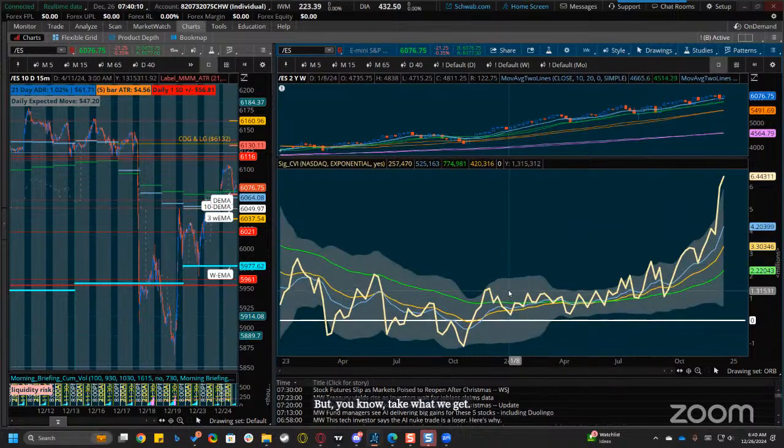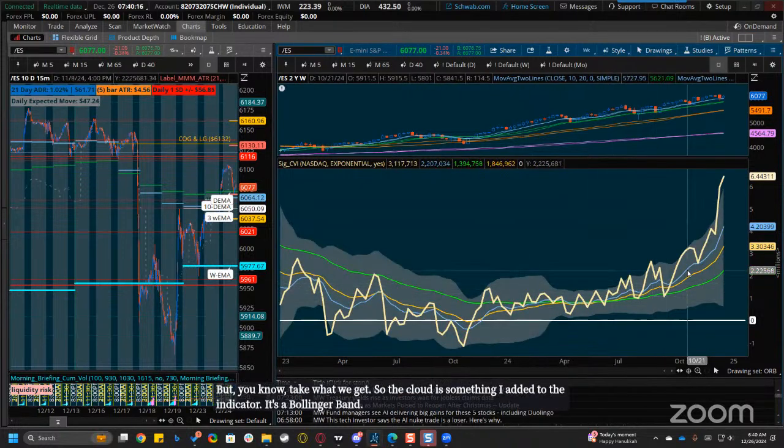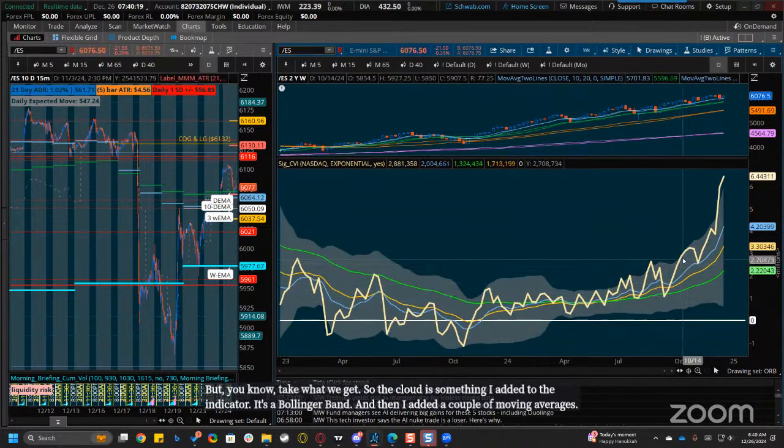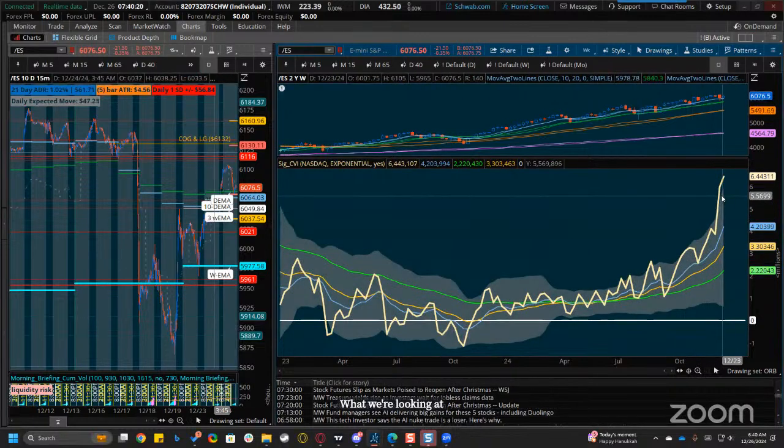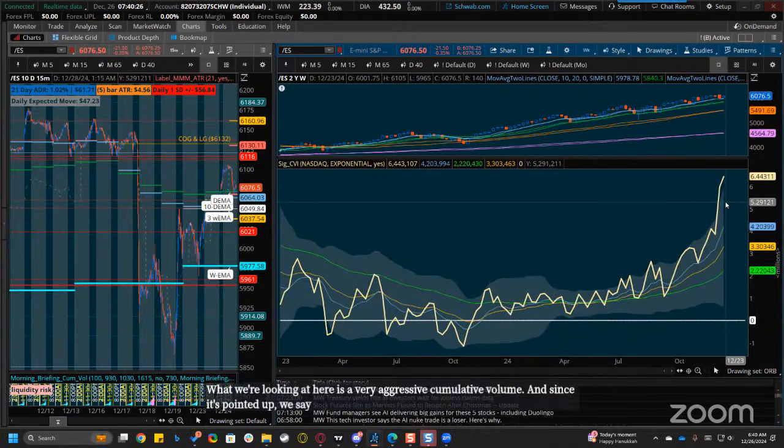So the cloud is something I added to the indicator. It's a Bollinger Band. And then I added a couple of moving averages. What we're looking at here is a very aggressive cumulative volume. And since it's pointed up, we say it's net buying. If it was headed to the south side, then it'd be net selling.